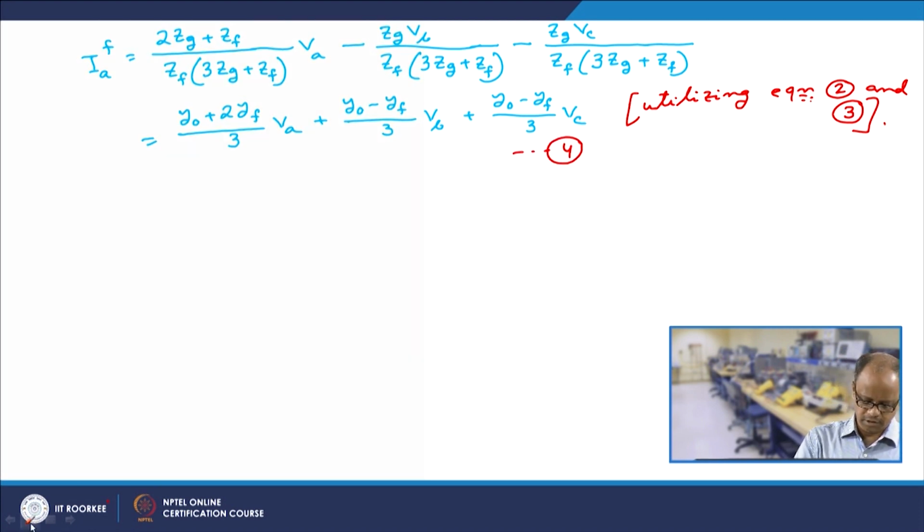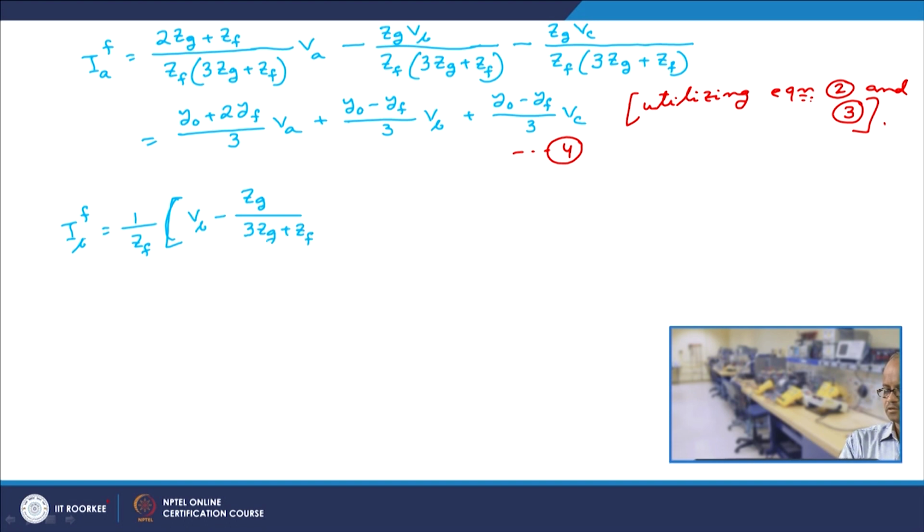Similarly, if we look at the expression of IBF, it will be 1 by ZF into VB minus ZG by 3ZG plus ZF into VA plus VB plus VC.